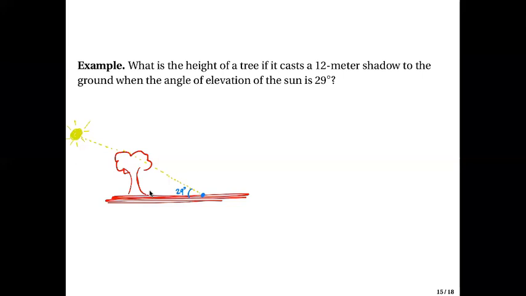Okay? So the triangle that we have in here is the following. So you have this, and then you have this. And of course, you have this part here. So this is the 12-meter shadow.